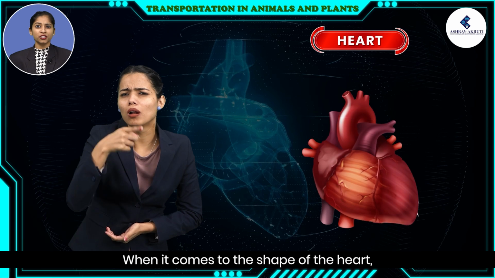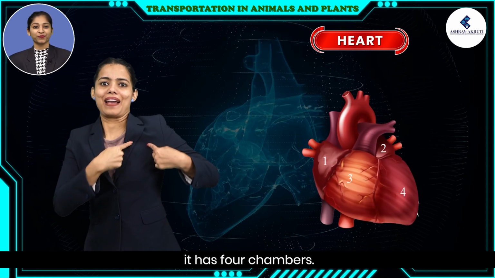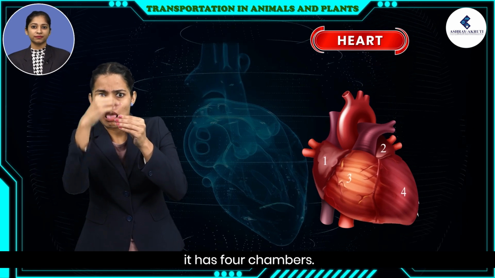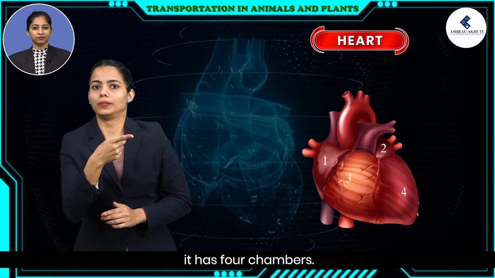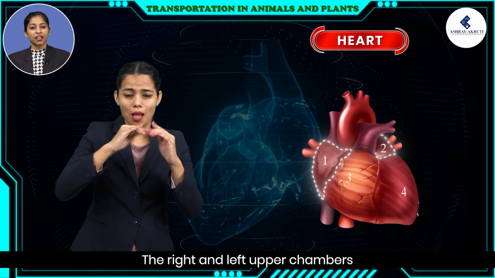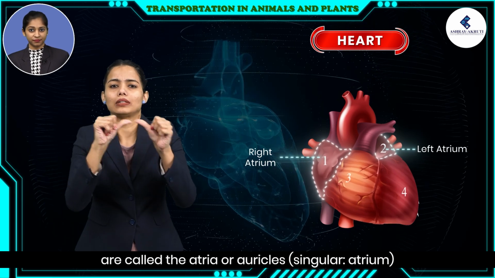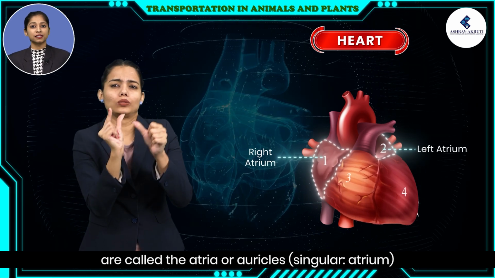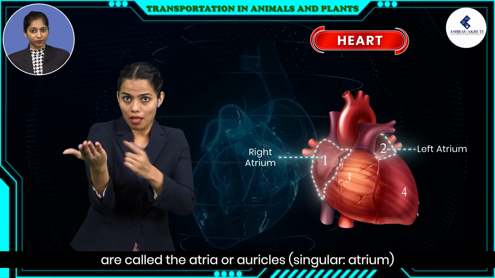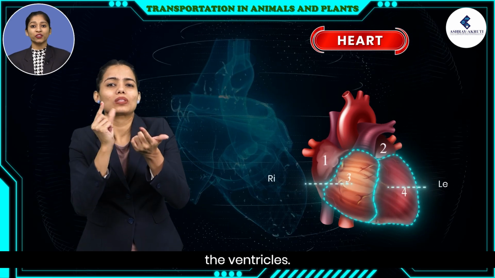When it comes to the shape of the heart, it has 4 chambers. The right and left upper chambers are called the atria or auricles, singular atrium, and the right and left lower chambers are called the ventricles.